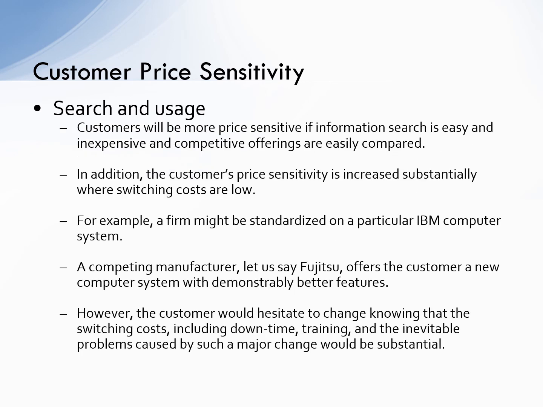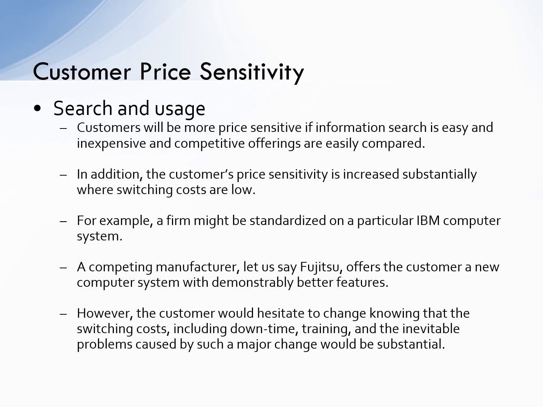Customer price sensitivity is also dependent upon search and usage. Customers will be more price sensitive if information search is easy and inexpensive, and competitive offerings are easily compared. In addition, customer price sensitivity is increased substantially where switching costs are low. For example, a firm might be standardized on a particular IBM computer system.